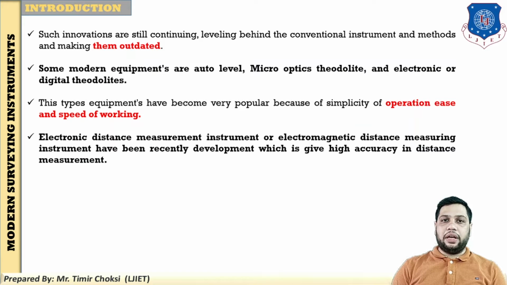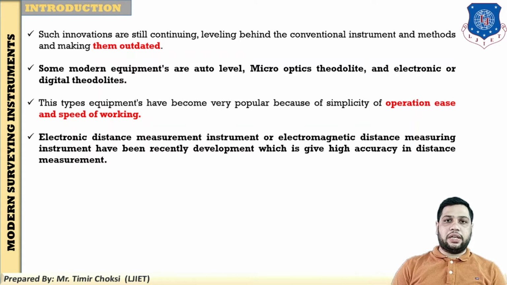This equipment is used for conducting surveys, and has become very popular because of simplicity, ease of operation, and speed of working. The main scope of this chapter is understanding modern surveying instruments like total station, electromagnetic distance measurement instruments, digital level, and GPS for finding location.